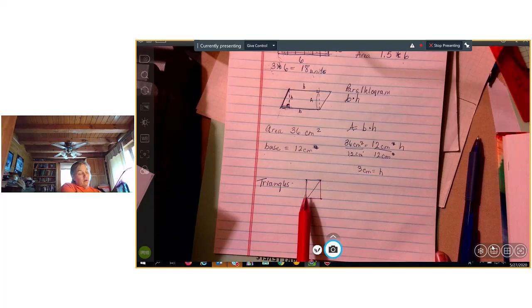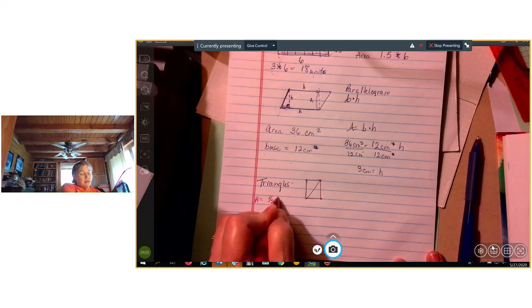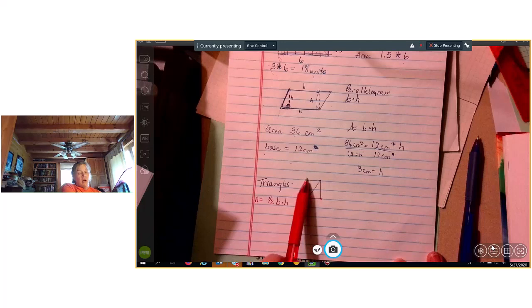So the area for the triangle is going to be 1/2 your base times your height. Because as I just showed here, a triangle is just going to be 1/2 of our square or rectangle. So that's why we do 1/2 base times height.